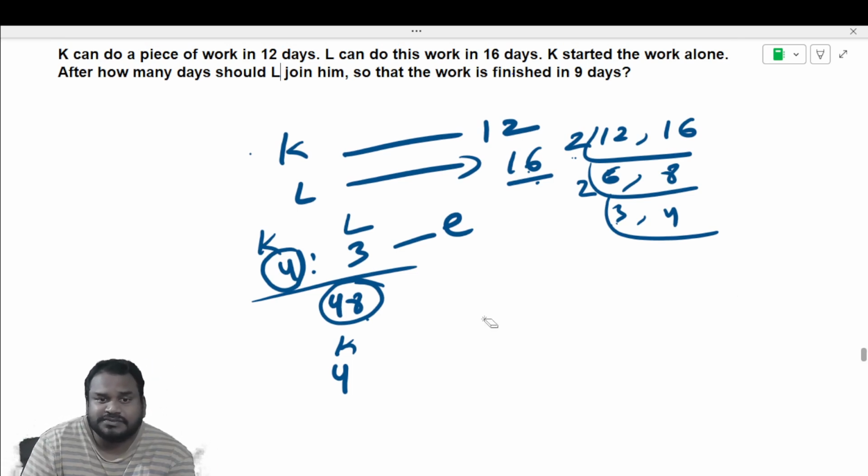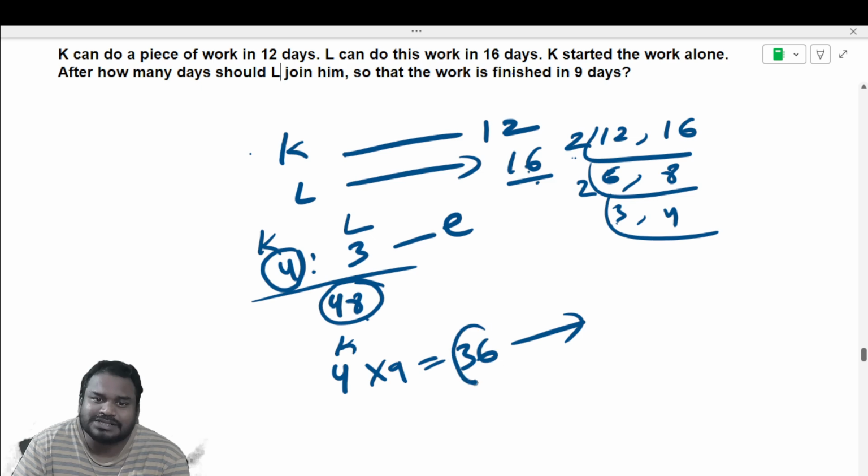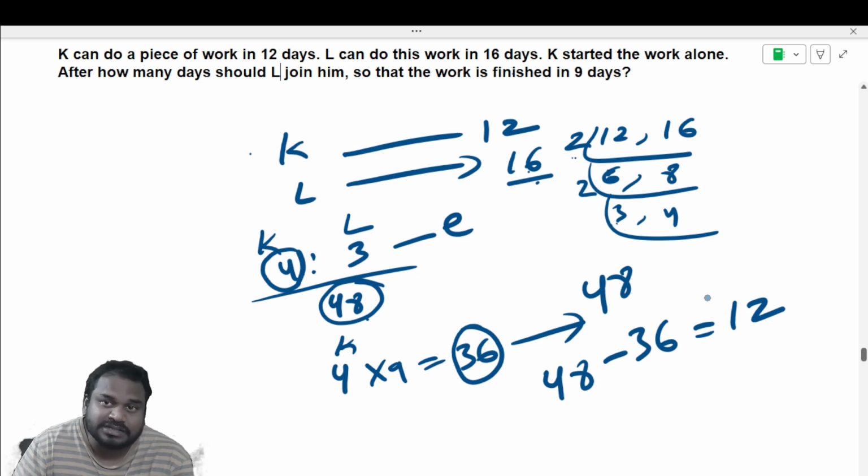So when K is working for 9 days, can he finish 48 parts of work? That you need to check. 4 into 9 is 36 only. But we don't want 36, we want 48. How much extra is there? 48 minus 36, that is 12 parts of work that is to be added extra.